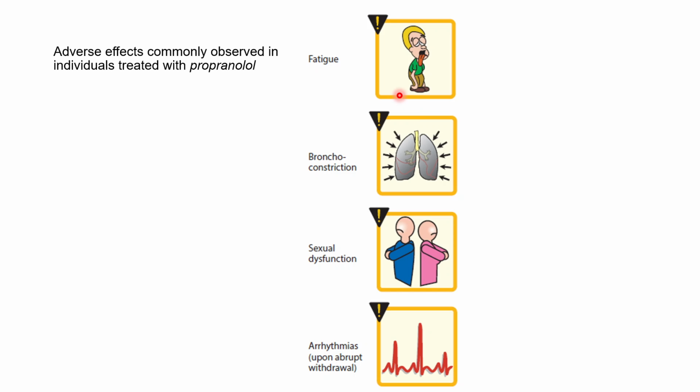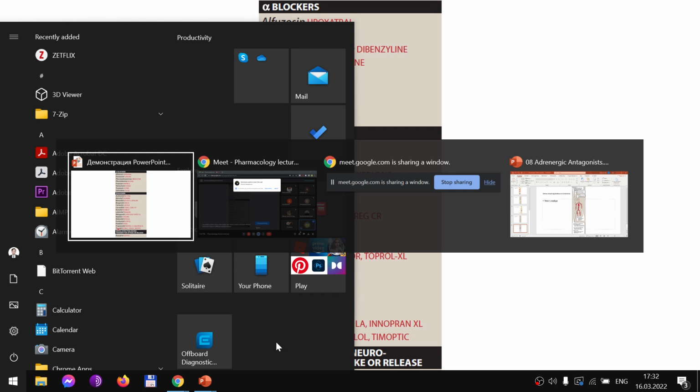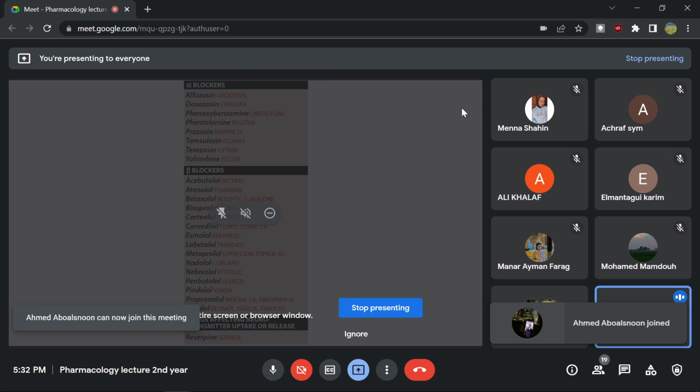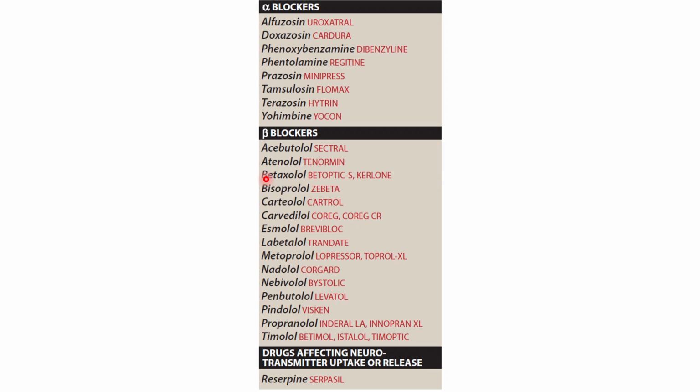Then some of the drugs, for example timolol, are used for the treatment of glaucoma as eye drops, and the same for carteolol and betaxolol.